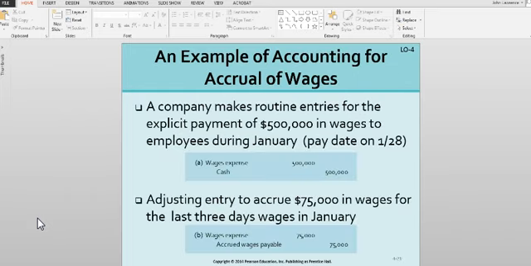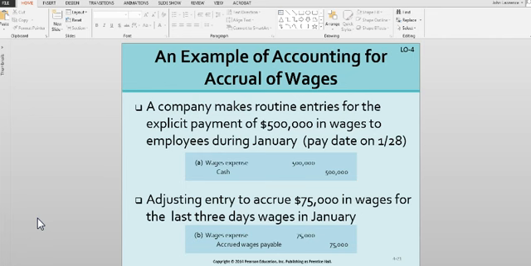Your company makes its normal wage payment during the course of a month for salaries of $500,000, and you get paid on the 28th of every month. In this example, the total salaries for the month of January was $500,000.